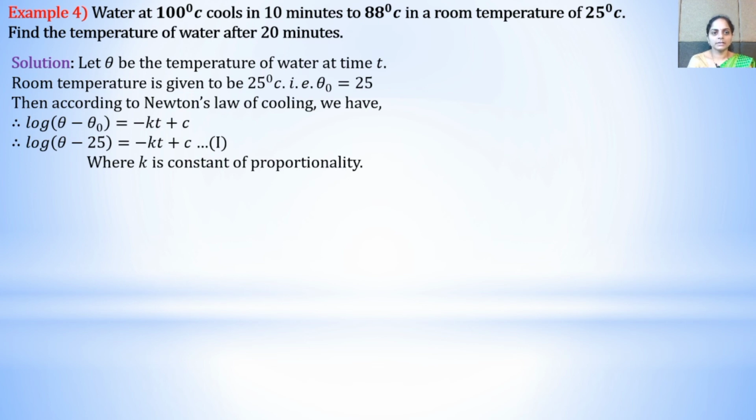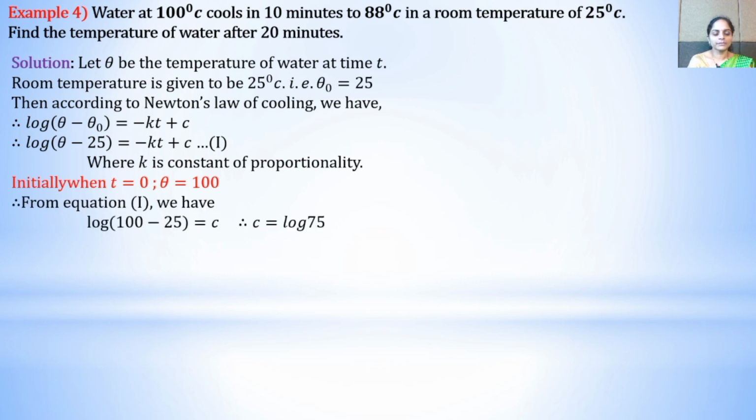It is given that initially the temperature is 100 degrees Celsius. So we take at t is equal to 0, theta equal to 100. So we put the values of t and theta in equation 1. So we get log of 100 minus 25 is equal to c. Therefore, c equals log of 75. Now we put the value of c in equation 1. So equation 1 becomes log of theta minus 25 is equal to minus kt plus log of 75.